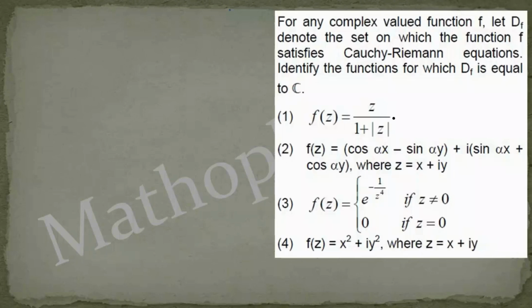So first option, f of z is equal to z by 1 plus mod z.